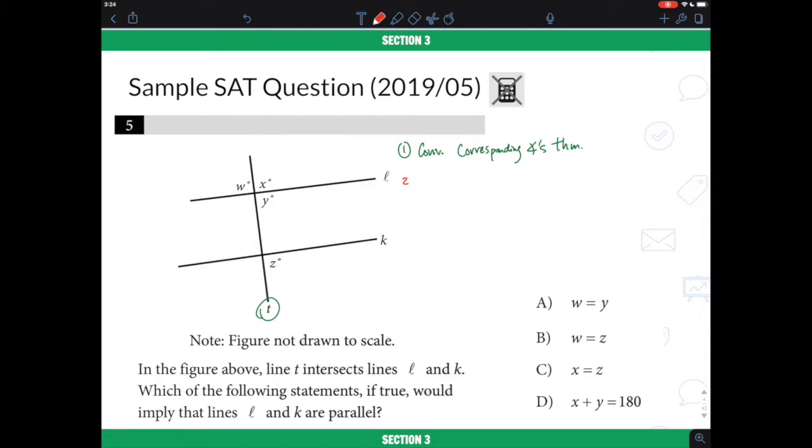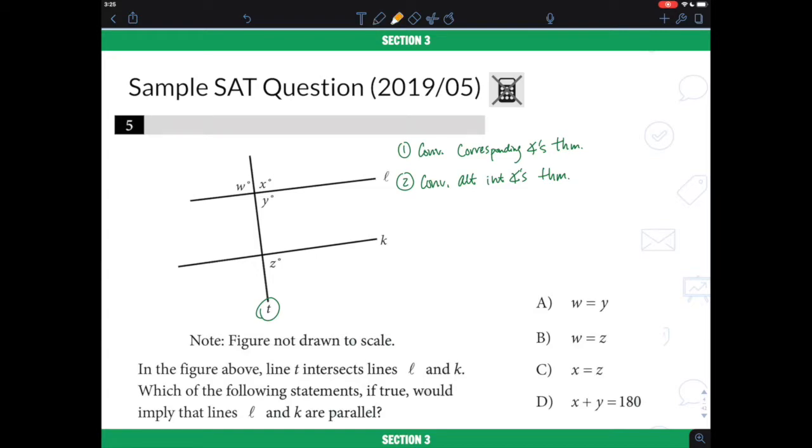Number two, the other one that we can consider, is called the converse of the alternate interior angles theorem. How do you find it? First, we need to find out what is considered an alternate interior angle.